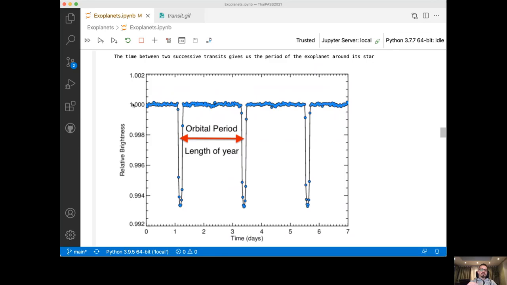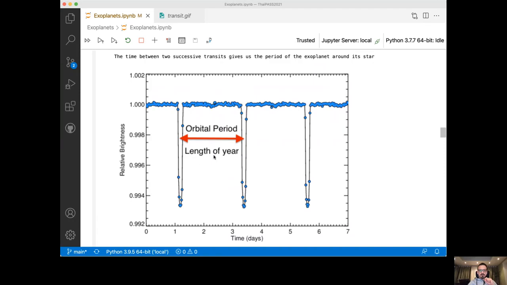This is the flux, the brightness of the star when the planet is not in front of it, and then it drops to 0.993 when the planet passes in front of the star. Just a note here, at some points I use the word flux, but you can think about that it's exactly the same word as brightness of the star.